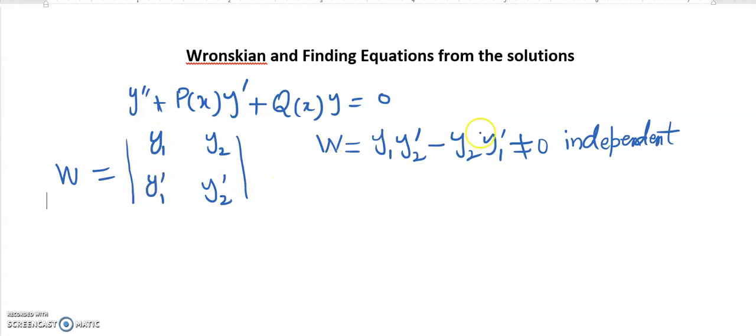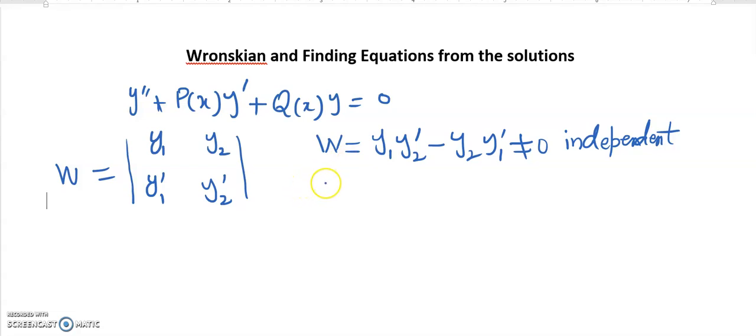Similarly, if we have three solutions, we can find the determinant of their original function, first derivative and second derivative to find the Wronskian. But in this case, we are only focusing on 2 by 2 matrices. If that Wronskian is not equal to 0, then the solutions will be independent.